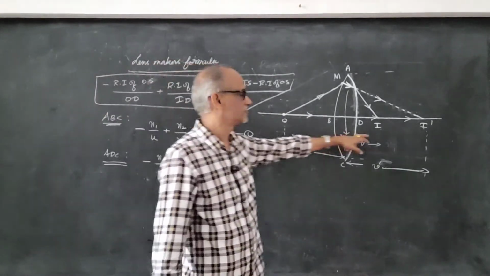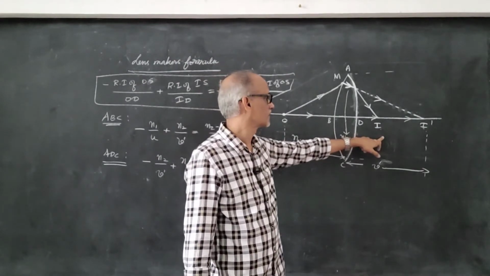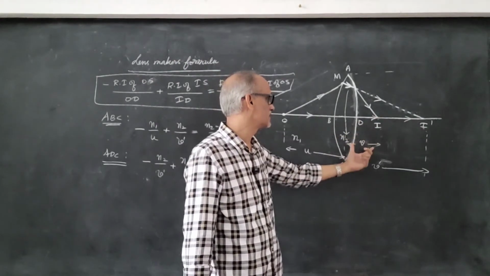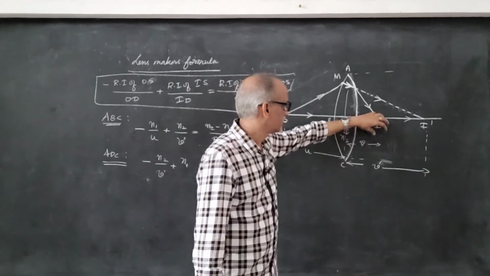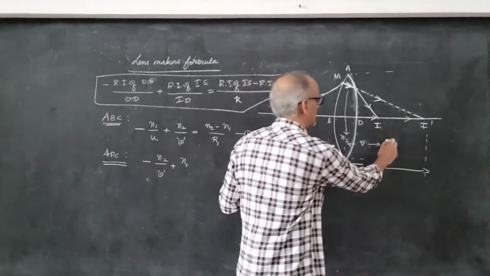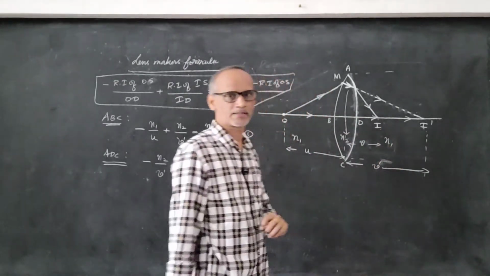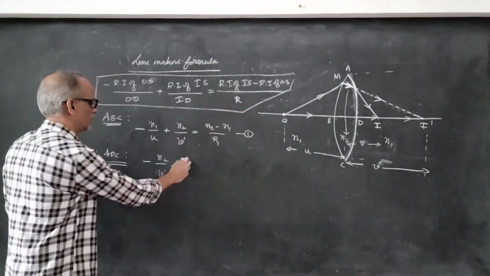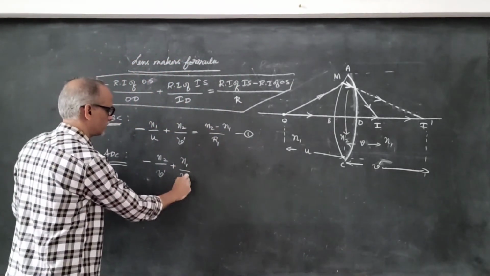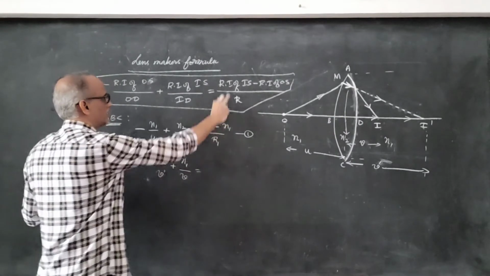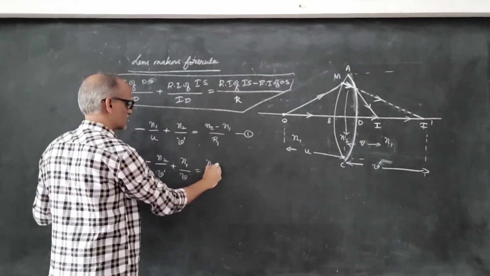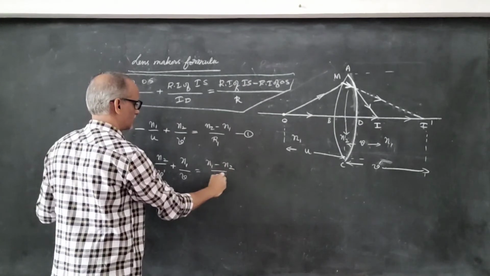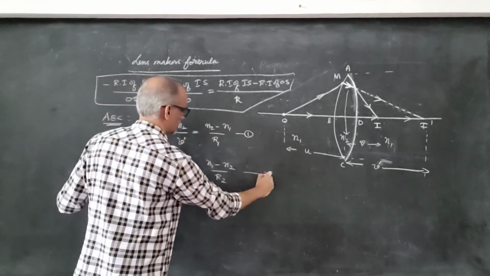Image is formed here at I, at a distance V, and this image I is formed in a medium of refractive index N1, because that's the surrounding medium. So therefore it's N1 by V. That's equal to refractive index of image space, which is N1 minus N2 by R2. So this is the next equation.